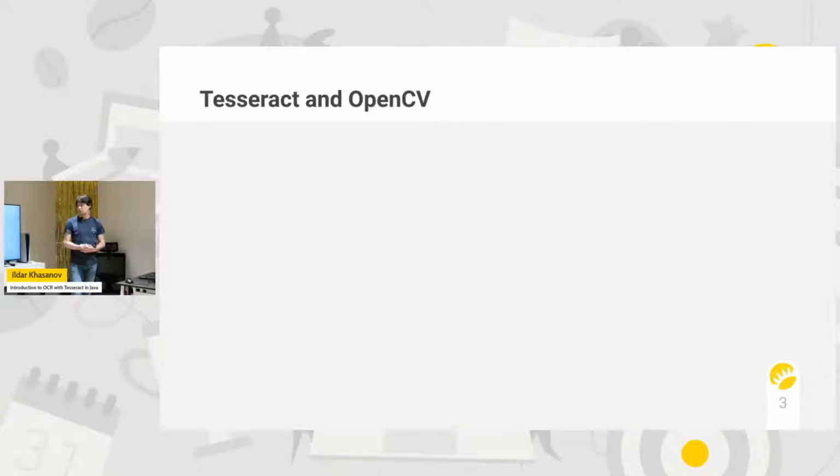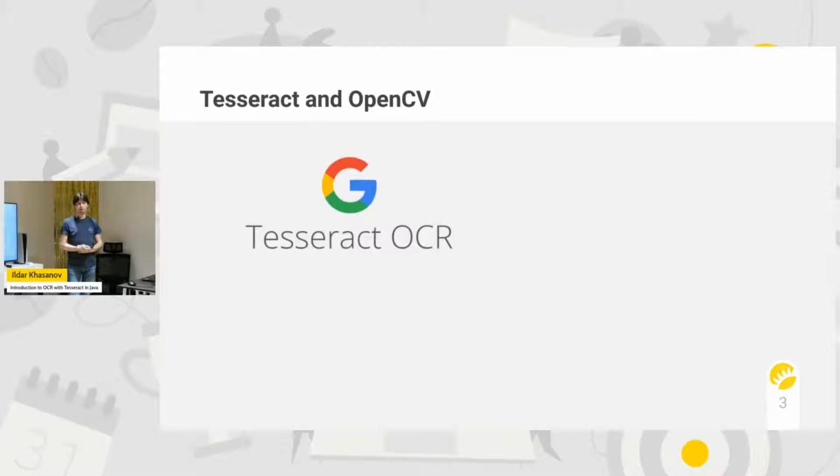So what do we need to do OCR with Tesseract? Basically we need Tesseract. It's an open source OCR engine that was developed, I believe in the 80s, by Hewlett Packard, and now it is mainly maintained by Google.